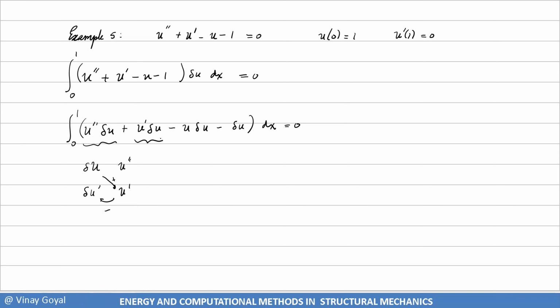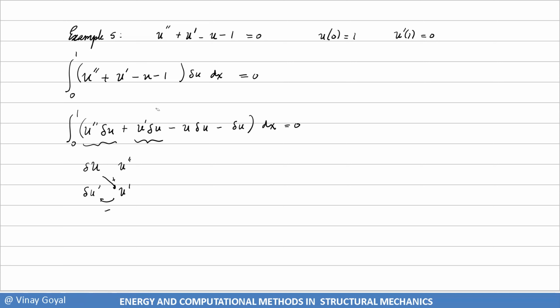But here, I'm not able to have the same number of derivatives on either side. I can't have the same number of derivatives on either side. So I'm not sure how to construct a functional out of that, in fact. I don't think there's an easy way to do that.